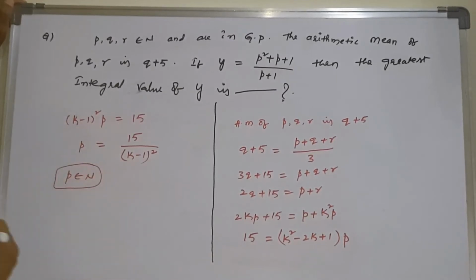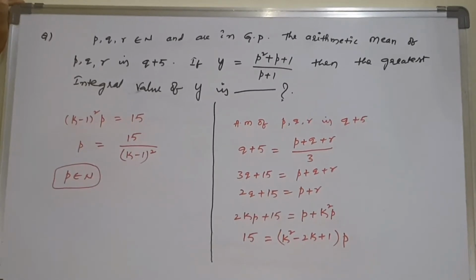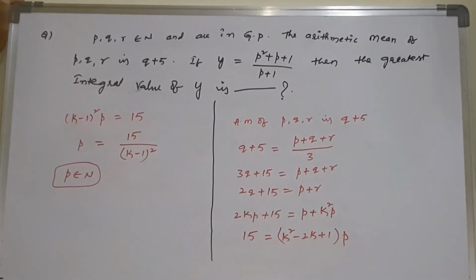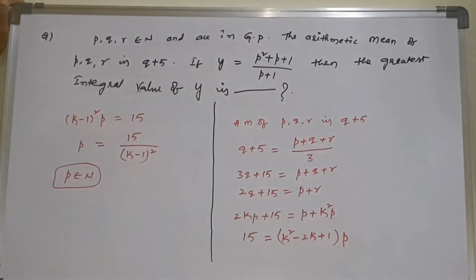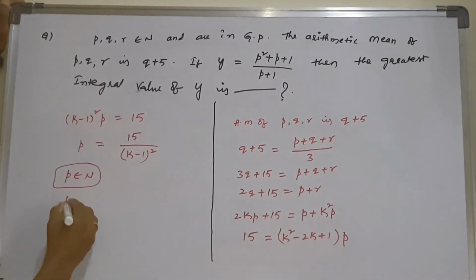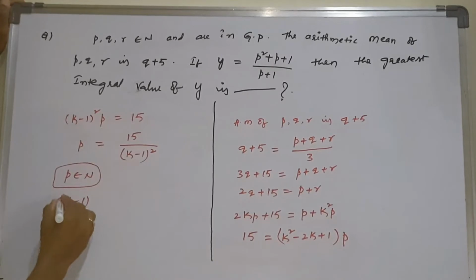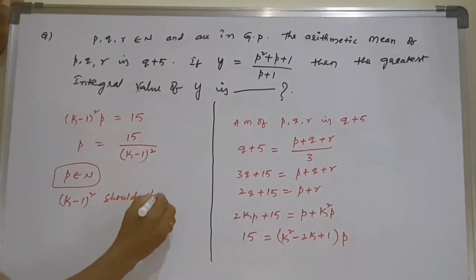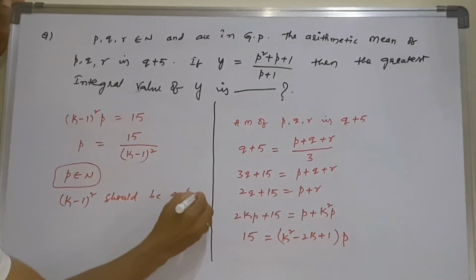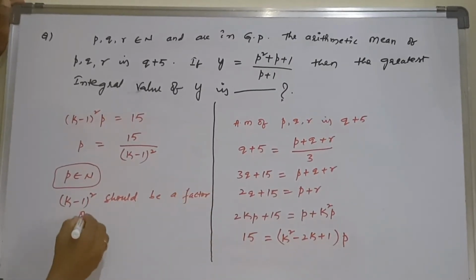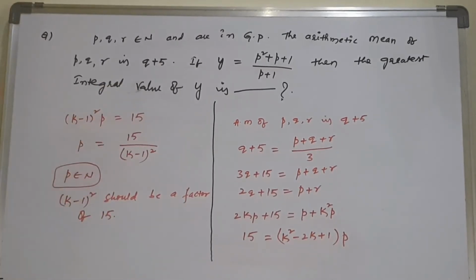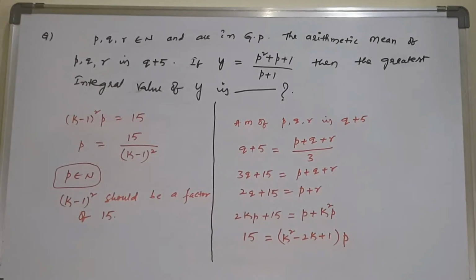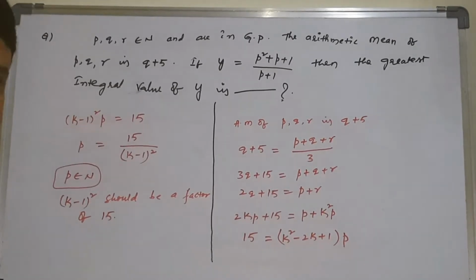So whatever (K minus 1) whole square we have should be a factor of 15. Then only we will get the P value as a natural number. Otherwise, we never get a natural number.